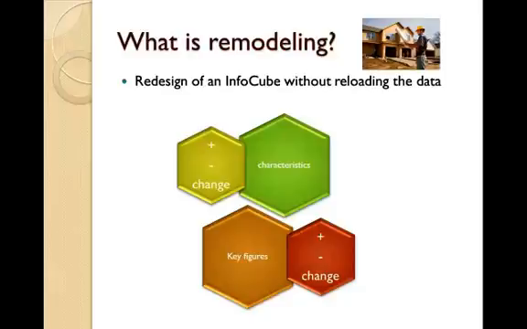So after an InfoCube is built and loaded with data, we may need to modify the structure of the InfoCube. Okay, and remember that an InfoCube is made of two objects: key figures and characteristics. Okay, and both objects may need to be modified.